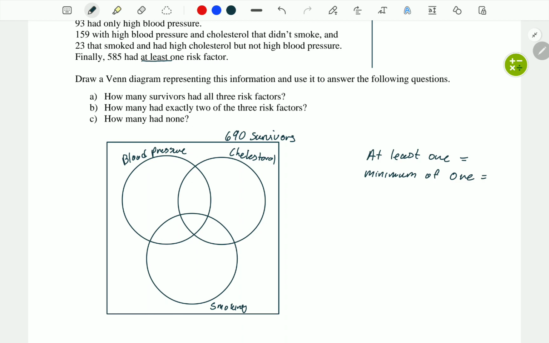If the minimum is 1, that also equals having 1 or more. We only have 3 risk factors, so it can't be higher than 3. But if it's one or more, that equals 1 factor or 2 factors or 3 factors.